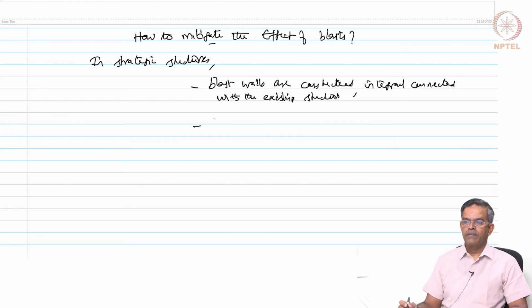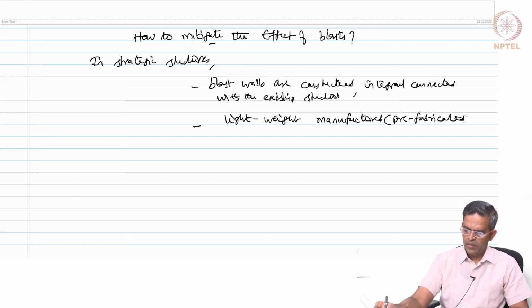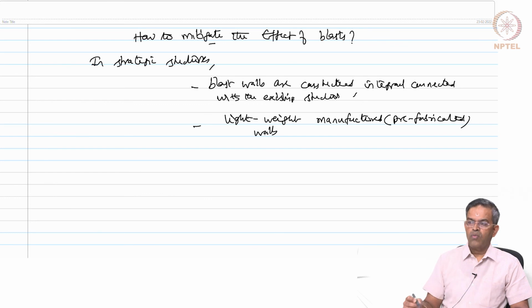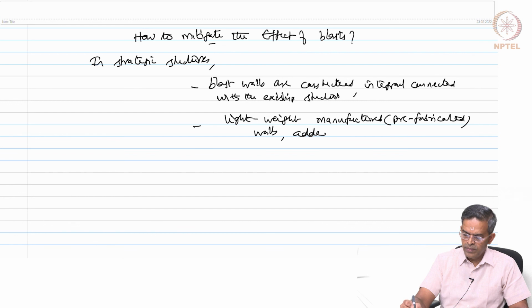That is one option we have. The second option we have is that people use lightweight manufactured walls. I should say prefabricated walls, which are added to the existing old constructions.